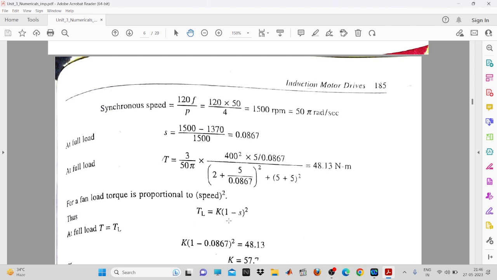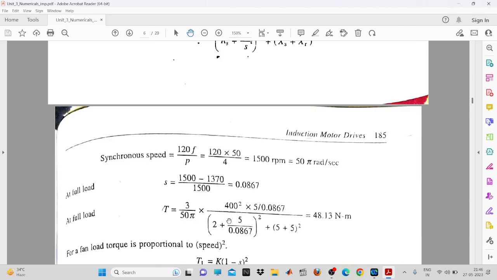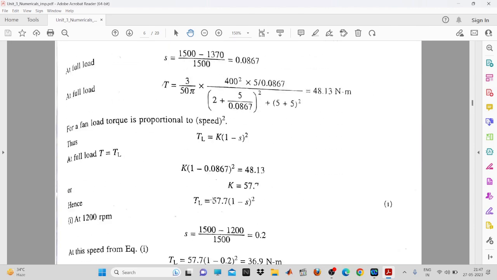Now you just write in terms of slip, because ultimately if you are changing the speed, it means you are changing the speed only, fine. And you just go to the slip part. This slip will be, s equals (omega ms minus omega m) upon omega ms. Omega ms is a constant parameter unless you change the frequency.